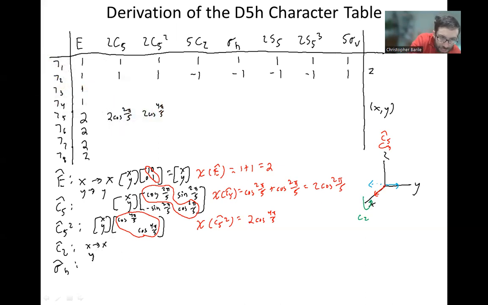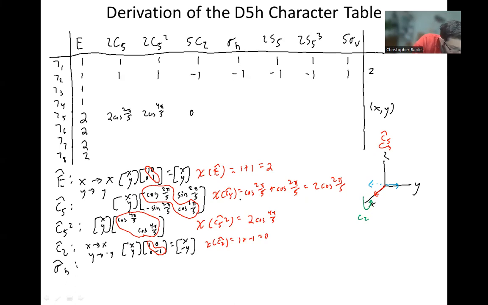So x goes to x, y goes to negative y. The matrix that explains this transformation is 1, 0, 0, negative 1. That takes x to x and y to negative y, and so you get a trace of that, which is equal to 1 plus negative 1, which is equal to 0. So for C2, our character is just 0.